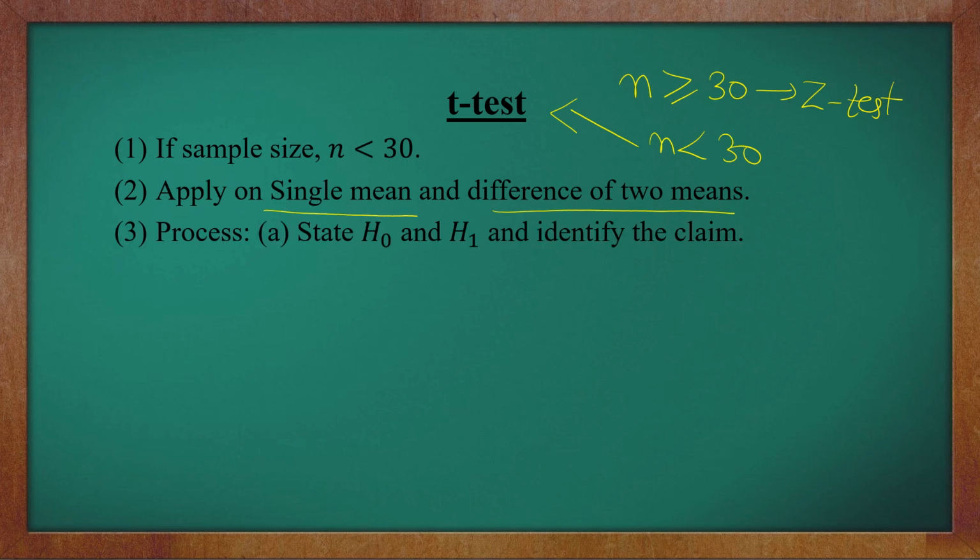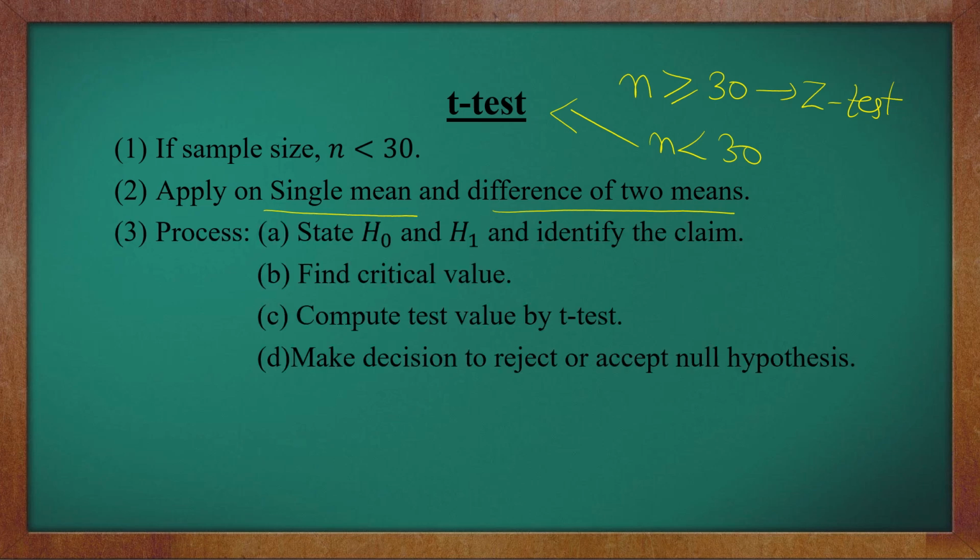What is the process? I have already discussed the steps. First of all, take the null hypothesis and alternative hypothesis. Set the level of significance, see the critical value from the table of the t-test, compute the t-test using the formula, and then at the last take the decision.